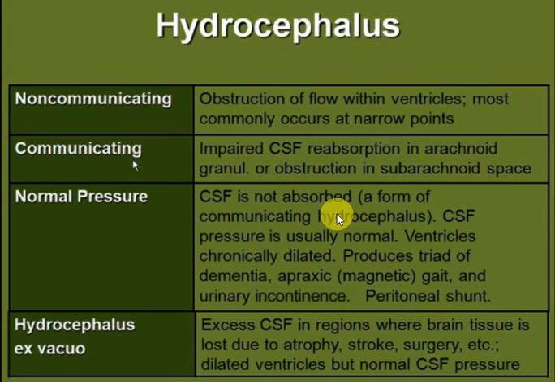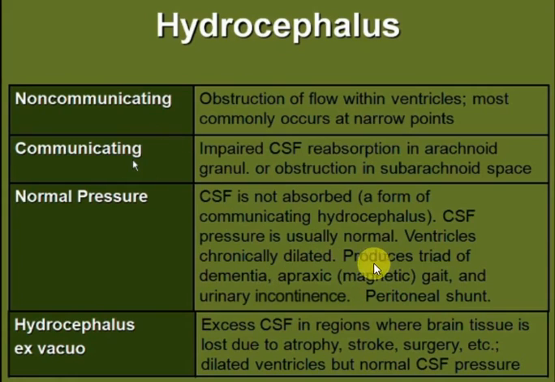But in contrast to communicating hydrocephalus, the pressure of CSF is normal, because the brain substance has shrunk and the dilated ventricles compensate for the pressure. In communicating hydrocephalus the pressure will be elevated, while in normal pressure hydrocephalus it will be normal, but it is pretty much the same condition.